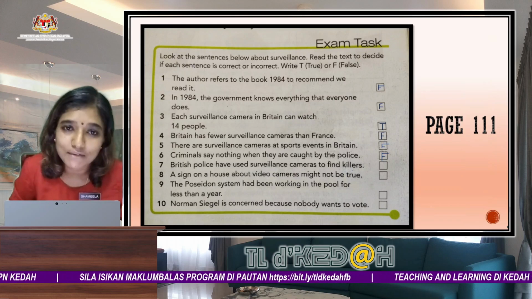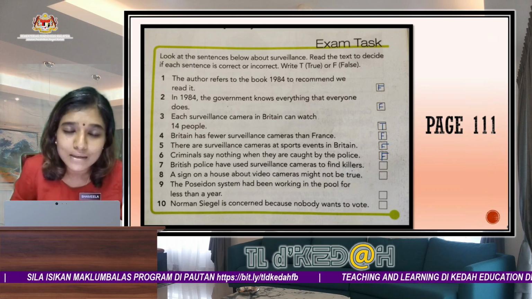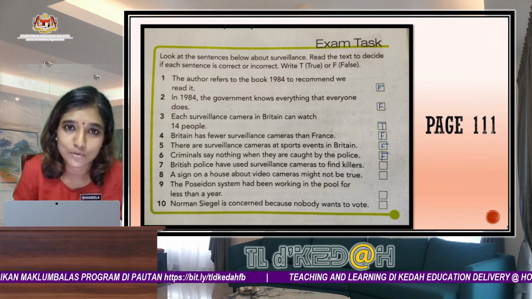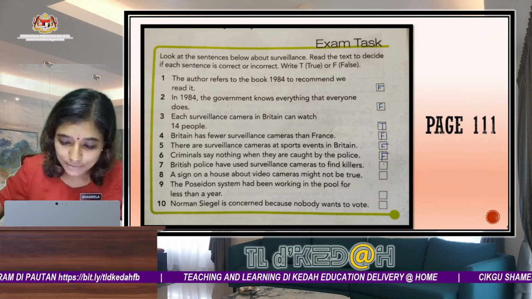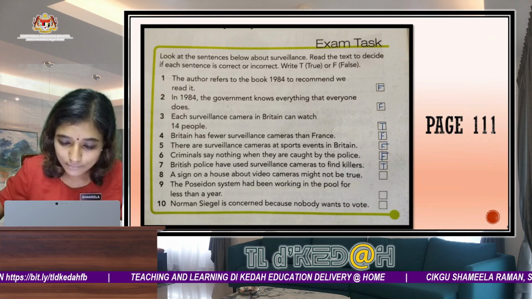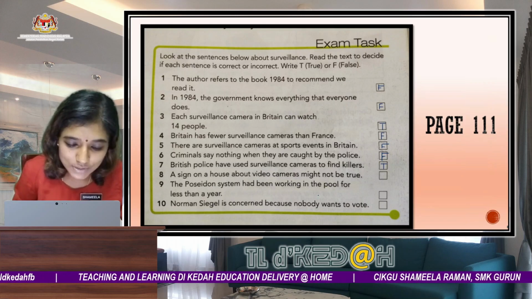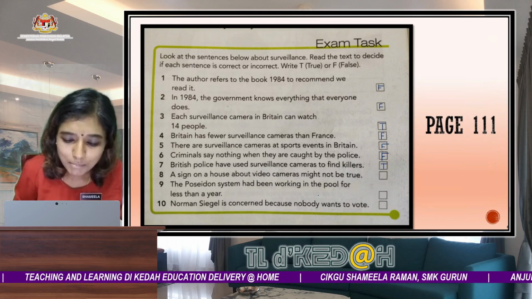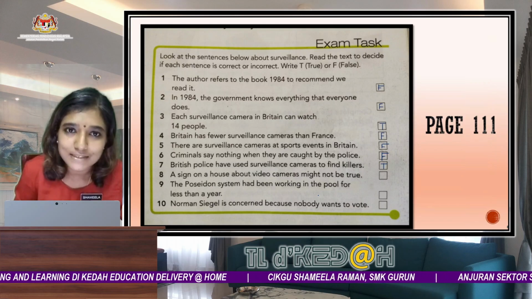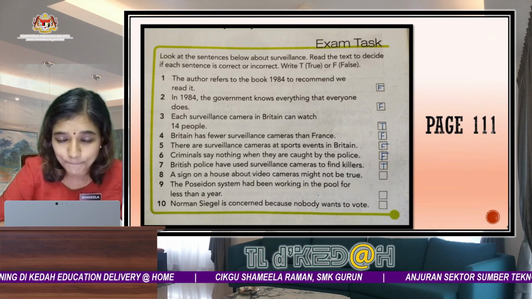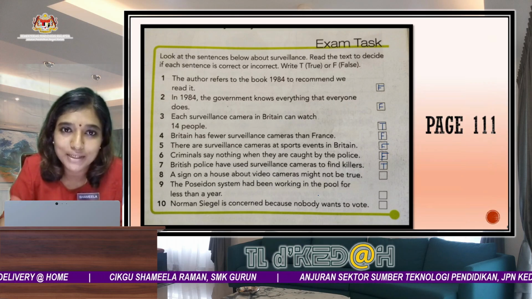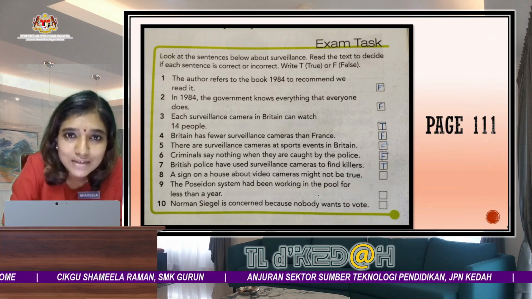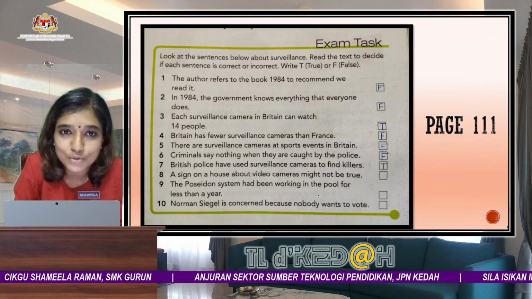Next, British police have used surveillance cameras to find killers. Yes, remember the paragraph they were talking about Scotland Yard, where they used the help of the surveillance details, yeah, to find murderers. Good, it's true. A sign on a house about video cameras might not be true. Yes, it's also mentioned in the text. Some people like the idea of people getting scared with CCTV and video in use.